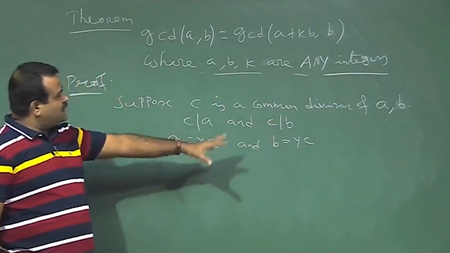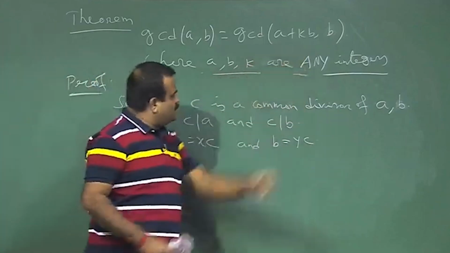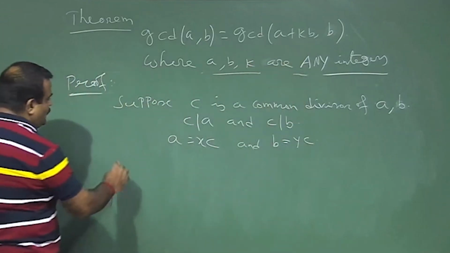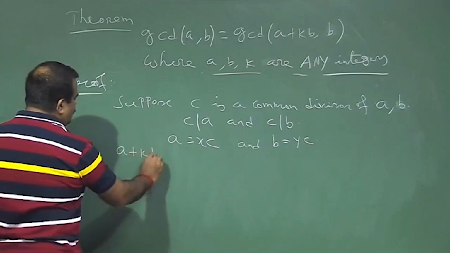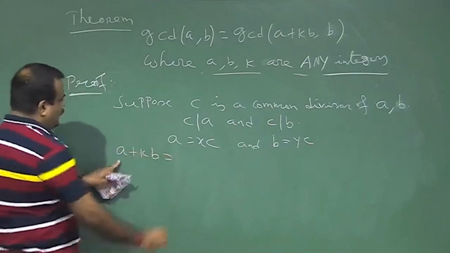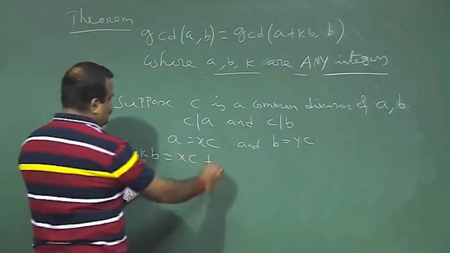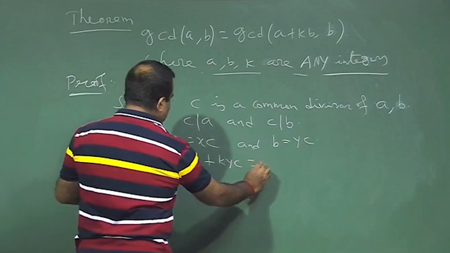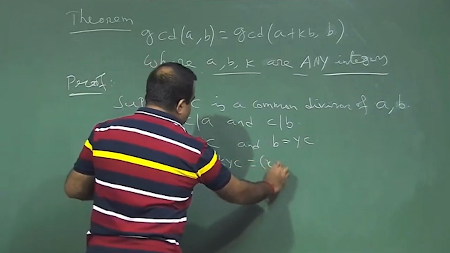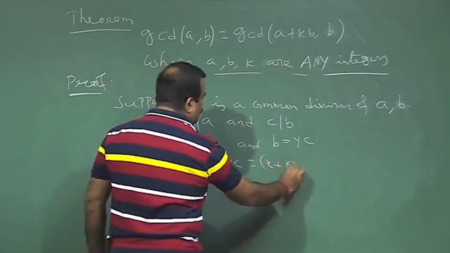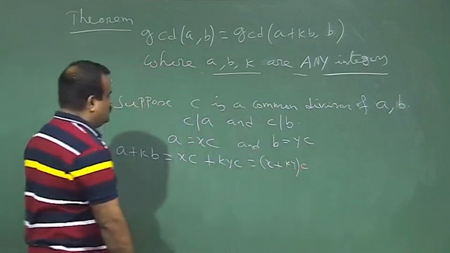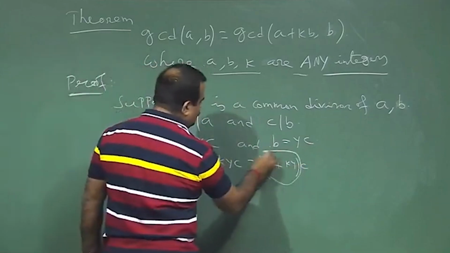Now we have to show that C divides A plus KB. So how to show this? A plus KB is basically XC plus KB, and B is YC, so XC plus KYC. This is basically (X plus KY) C, and X plus KY is an integer.